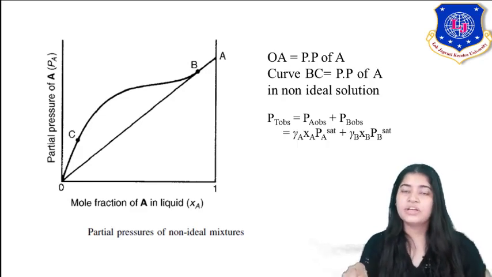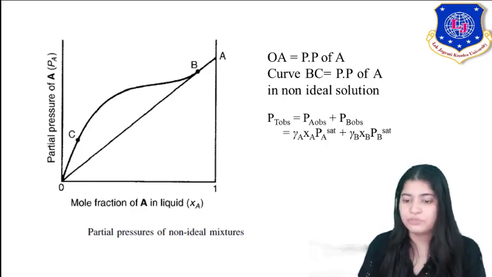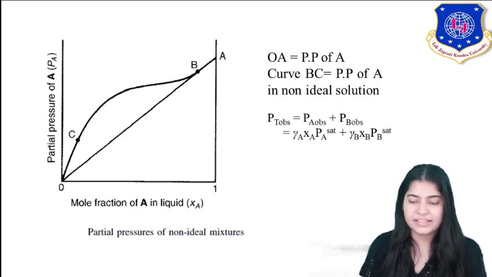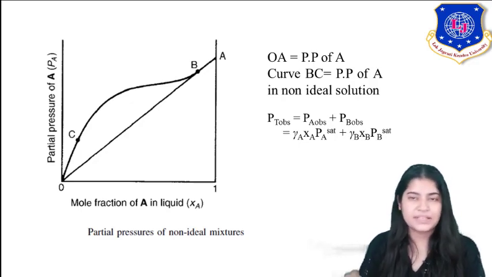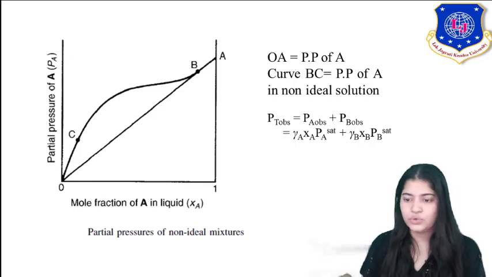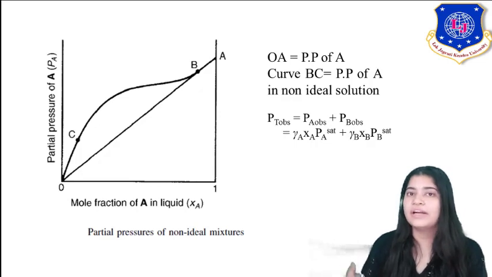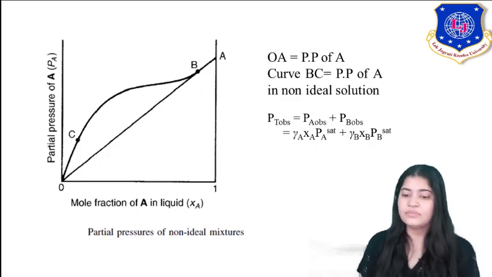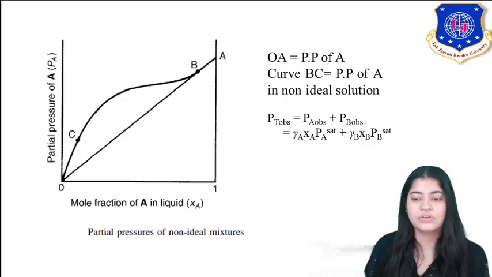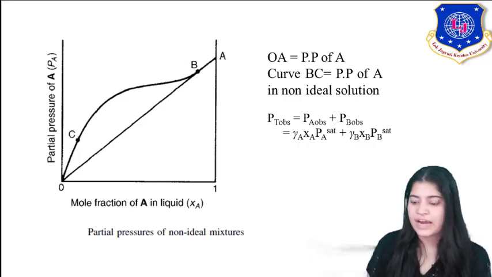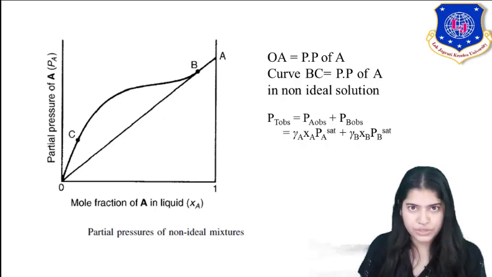So here the total pressure would be gamma A XA into PA sat plus gamma B XB into PB sat, where gamma A and gamma B are the measures of non-ideality. Hence your total pressure is now different than that which we calculated using ideal solution, when Raoult's law was applicable.